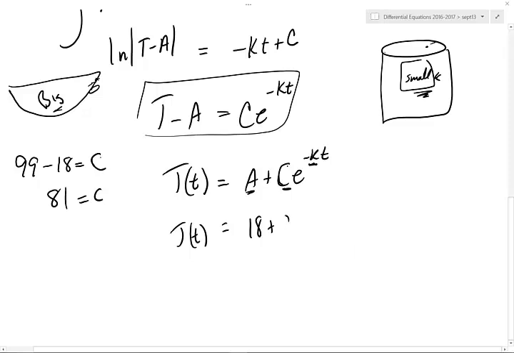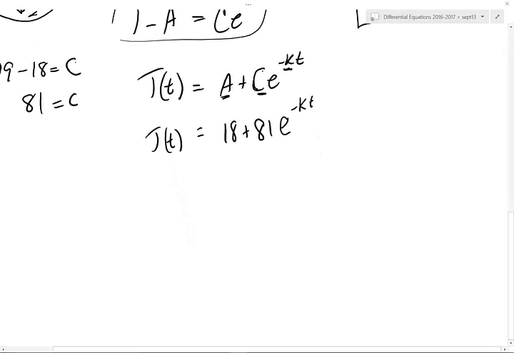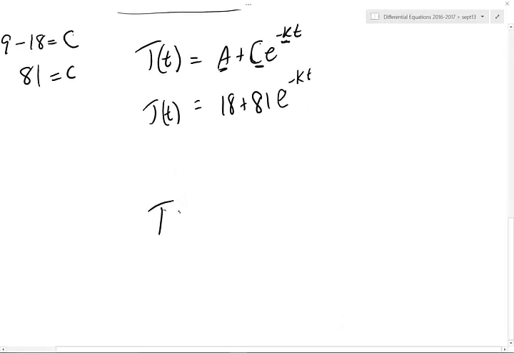So that means this is going to be 81 right there. Oops, e to the minus kt. And actually, a lot of times in physics books, you'll see it written thusly. In a high school physics book, it'll just be written as ambient plus initial temperature minus ambient, times e to the minus kt. Okay, that's where that formula comes from, because that's exactly what it is up there.